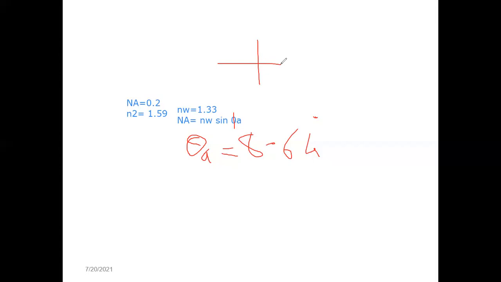Ma'am, I took NA equals N1 by NW cos phi. We have used Snell's law, then took theta A as pi by 2 minus phi, which becomes cos phi. So from there I got NA as N1 cos phi by NW. So what will be the formula of NA? Just tell me that. I wrote NA as NW sin phi A. Okay, so what will the formula then be? Ma'am, NA is directly sin theta A. Why should NA be sin theta A?